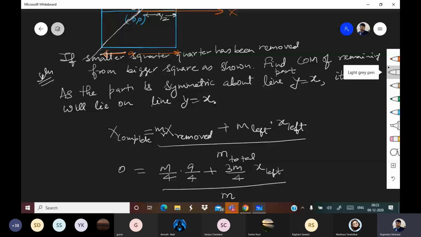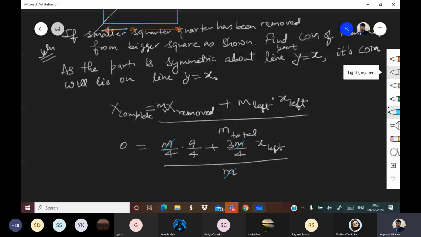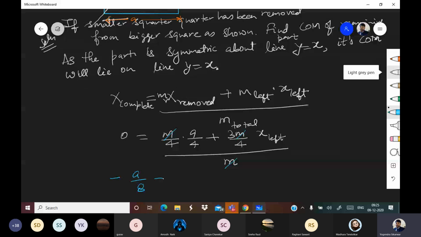If you simplify this further, we get minus a by 8 is equal to 3 by 4 into x left. So x left comes out to be minus a by 6, and that will also be your y left.